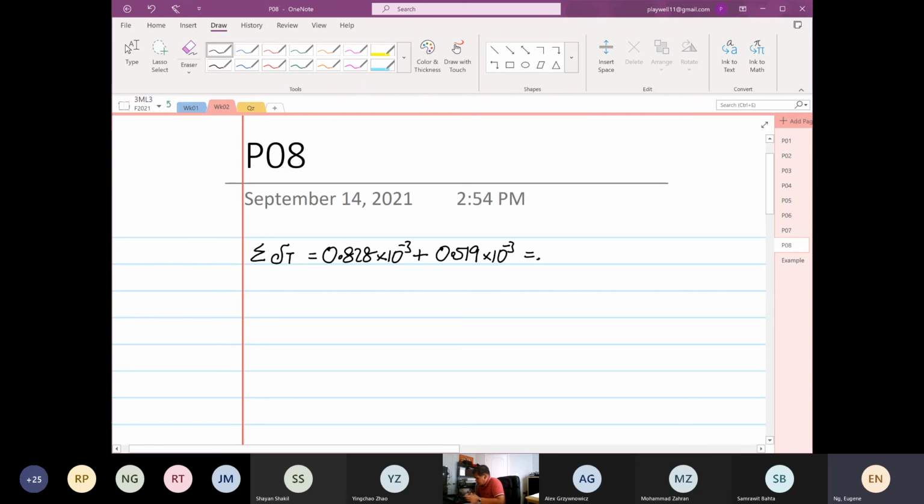So this is equal to 1.347 times 10 to the power minus 3 meters. Okay.